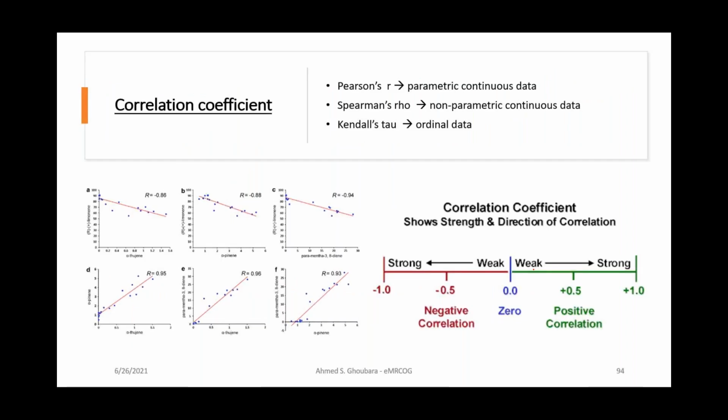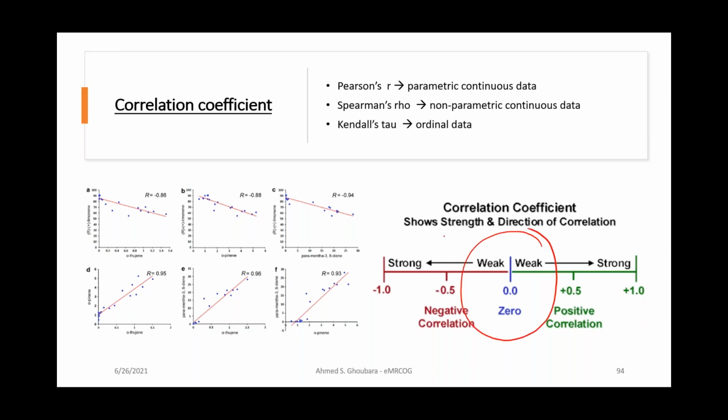We have three main correlation coefficients: Pearson for parametric data, Spearman rho for non-parametric data, and Kendall's tau for ordinal data. The link varies. Look at this diagram. The more it approaches 0, we say it's weak.